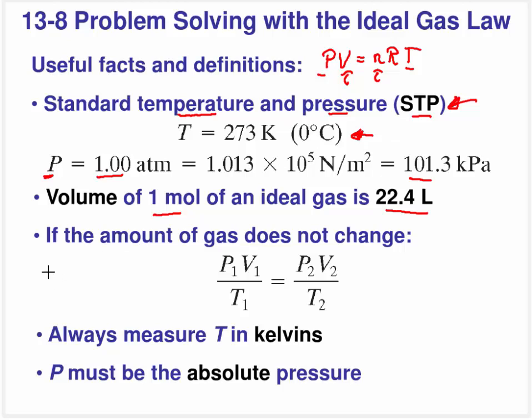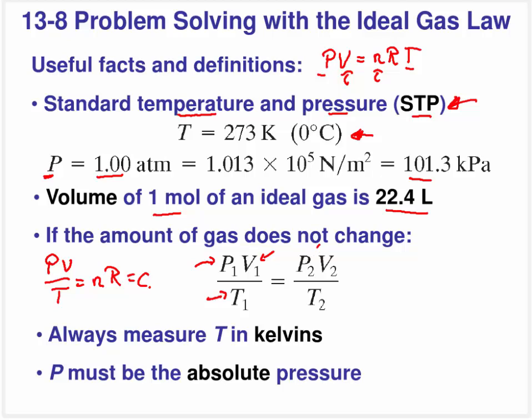One thing that's useful for the ideal gas law is that if the amount of gas does not change, I can say pressure times volume divided by temperature is equal to the number of moles multiplied by that constant R, and that's just going to be equal to a constant. So if I were to take a gas and change the temperature, I can write my pressure times volume divided by temperature initially, that's equal to some constant.